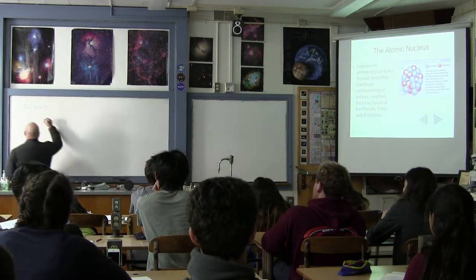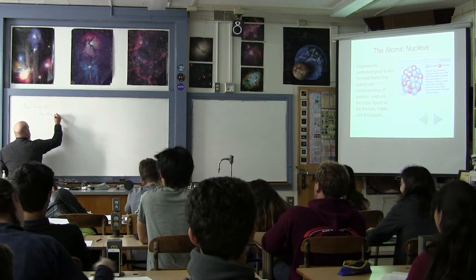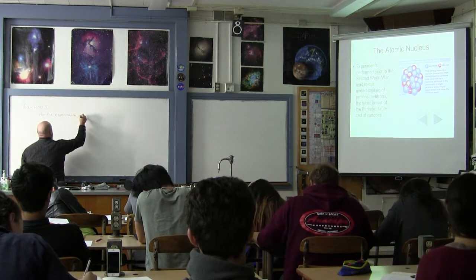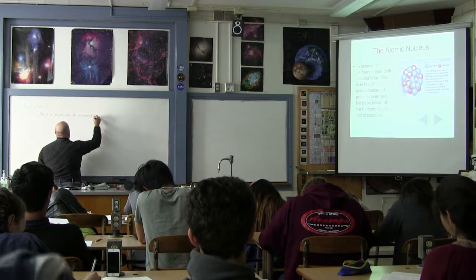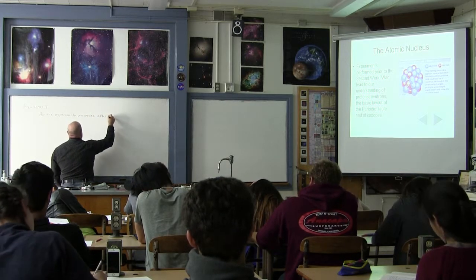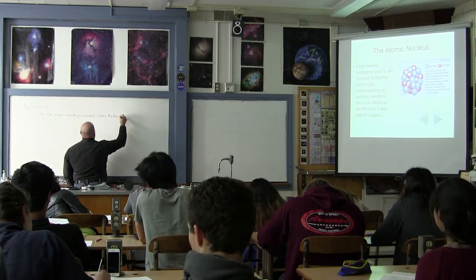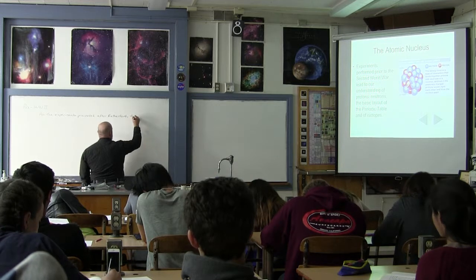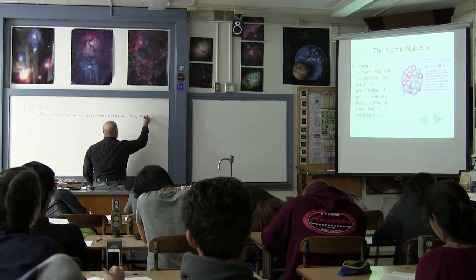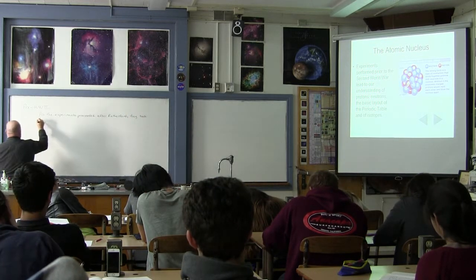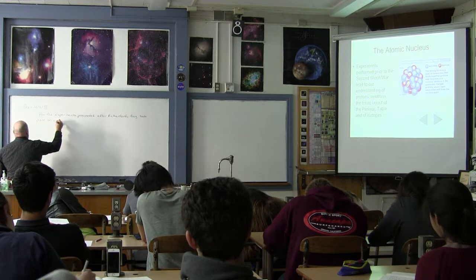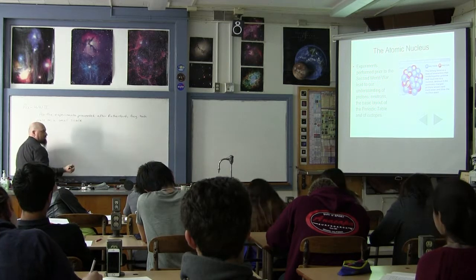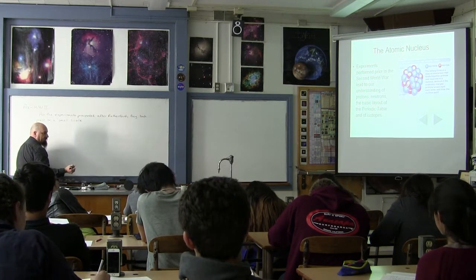So, as the experiments proceeded after Rutherford, they still took place on a small scale. But they led to our understanding of atomic nuclei and the basic layout of the periodic table.